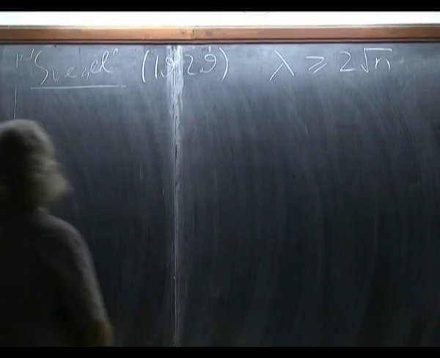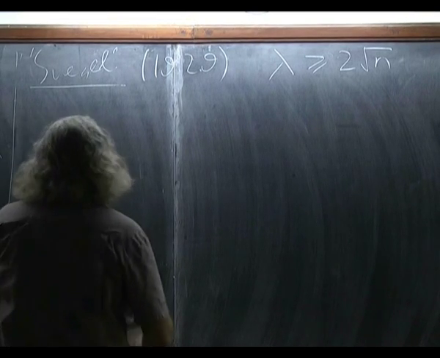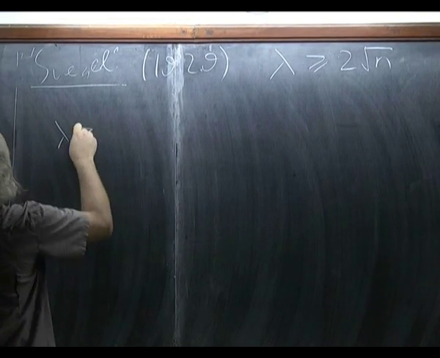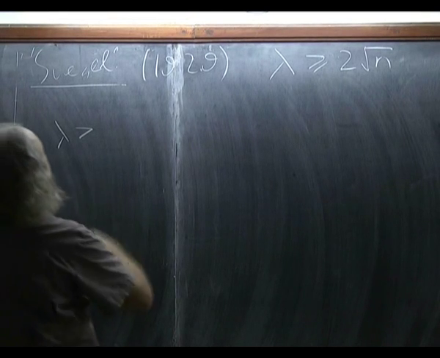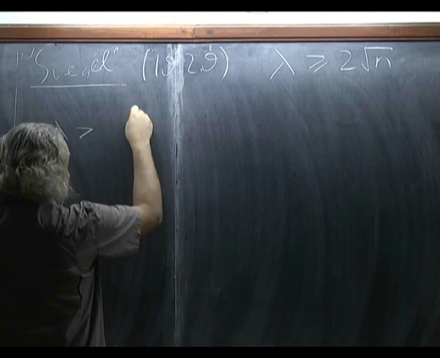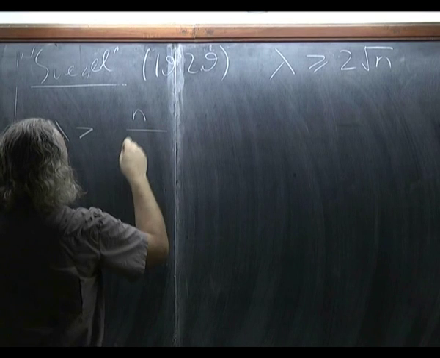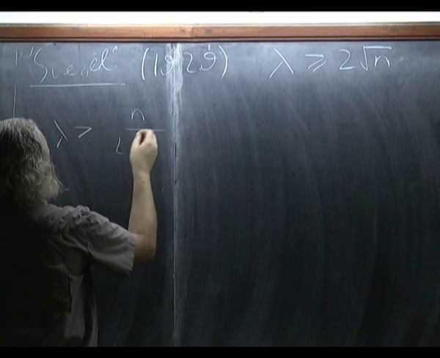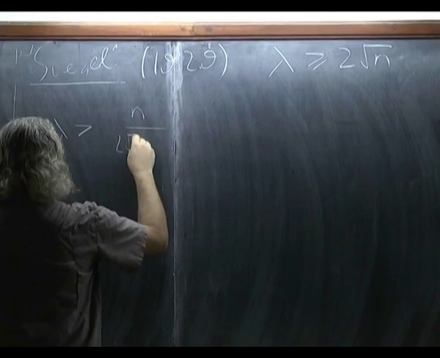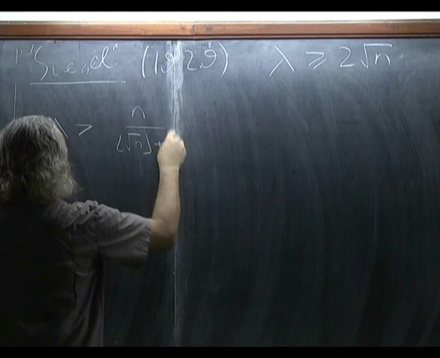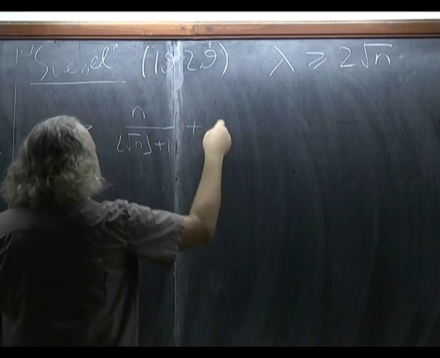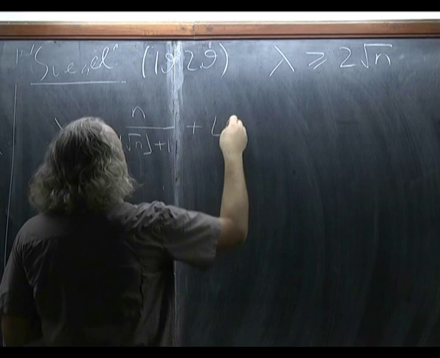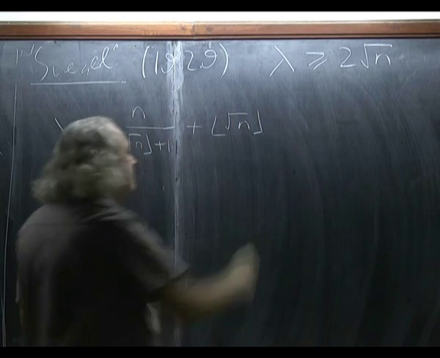It was something like lambda bigger than n over the integral part of square root of n plus 1, plus the integral part of square root of n.